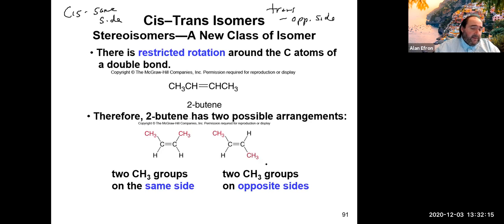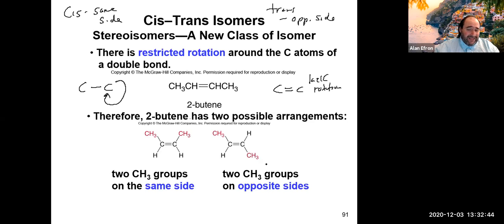And these develop really because of what I was talking about earlier, that when you have a carbon-carbon single bond like you do in an alkane, you have pretty much free rotation about that single bond.